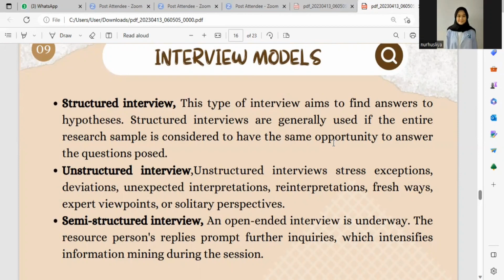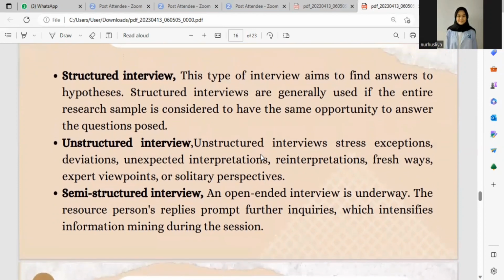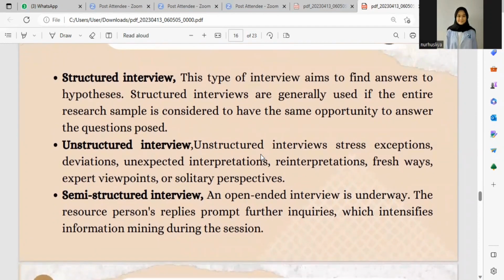Next, unstructured interview. Unstructured interviews stress exceptions, deviations, unexpected interpretations, reinterpretations, expert viewpoints, and solitary perspectives.